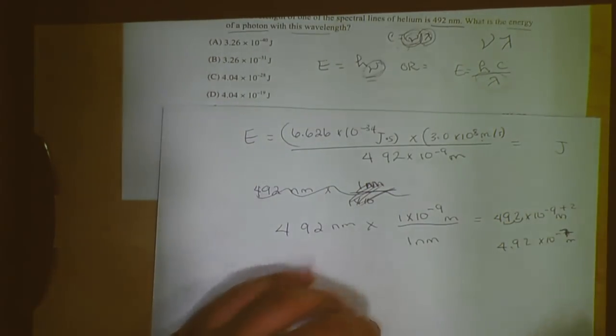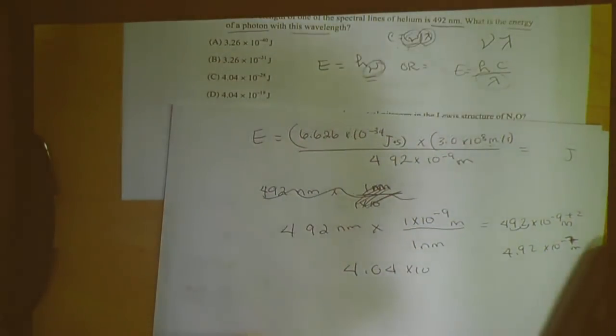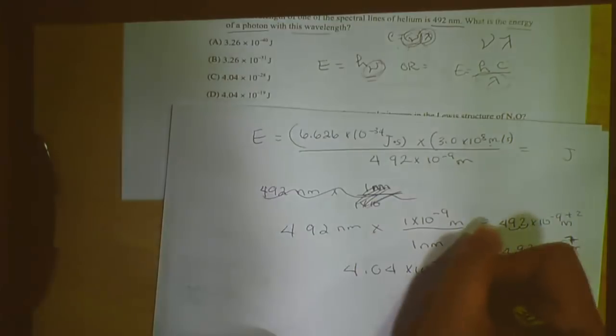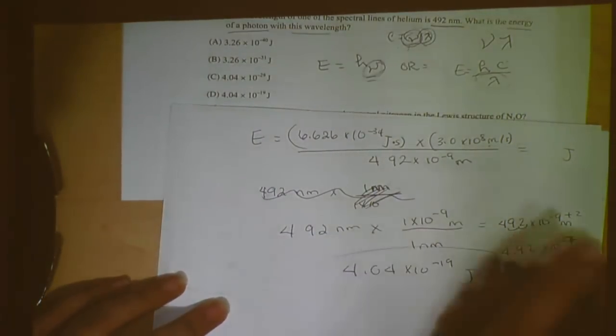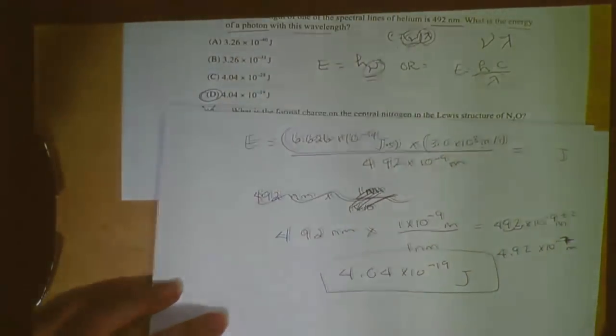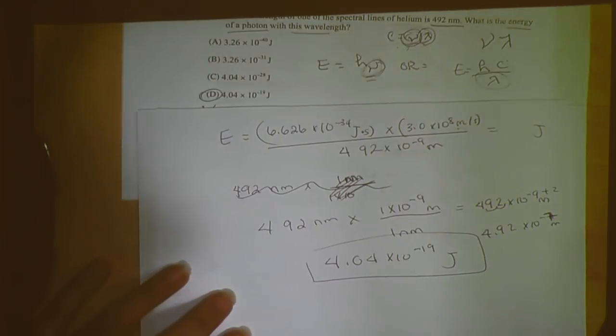And you should get an answer of 4.04 times 10 to the negative 19 joules, which is D for this one.